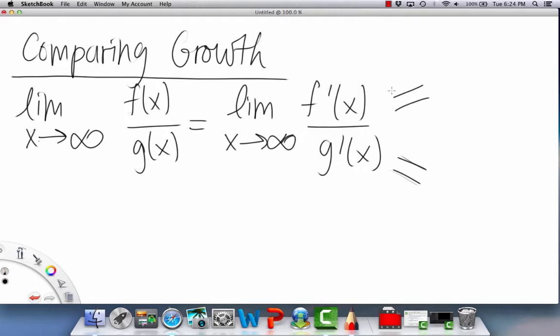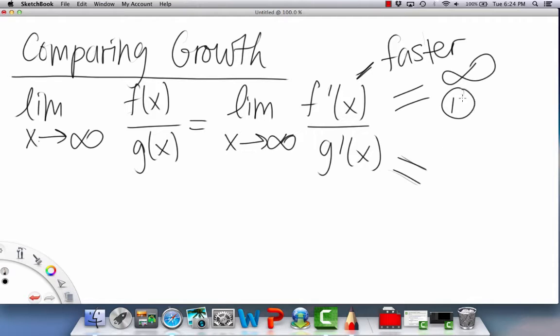So when you're comparing growth anyways, if the result equals infinity, then this means that f of x, or f prime of x, same thing, so your f of x on top is growing faster than the bottom, which is your g of x. So this means f of x is faster, and g of x is slower.